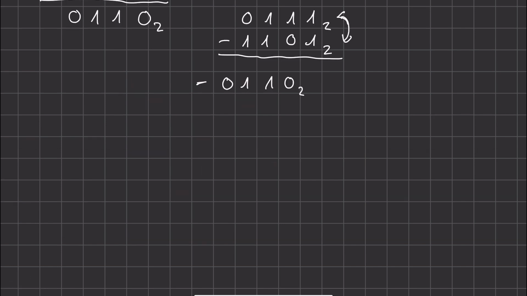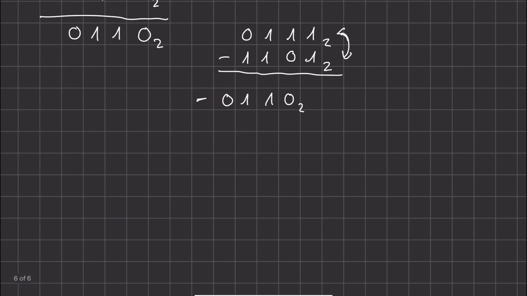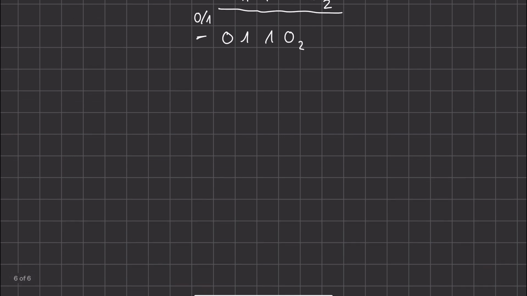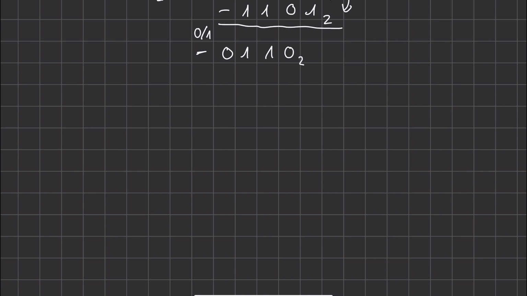However, in computers, we don't really have a way to represent this negative, at least not as a negative, in one bit. The way this is done is usually with another bit, so either a 0 or a 1, which would represent whether this number is positive or negative. This would, for example, be if the first bit is a 1, then the numbers that follow afterwards would be negative.